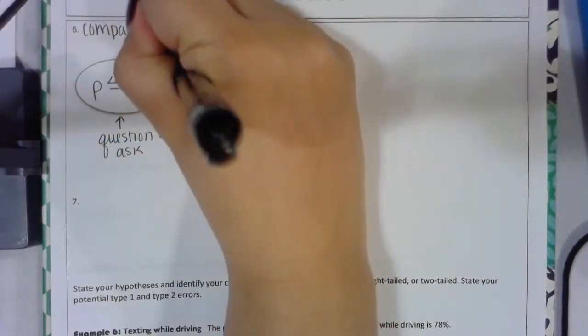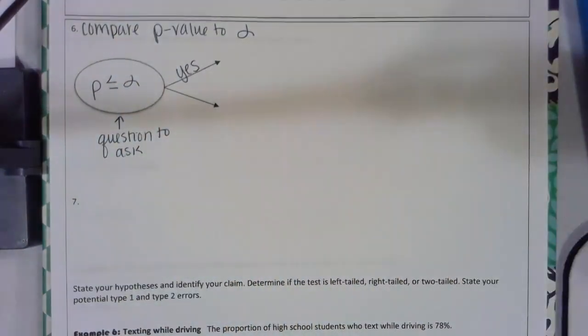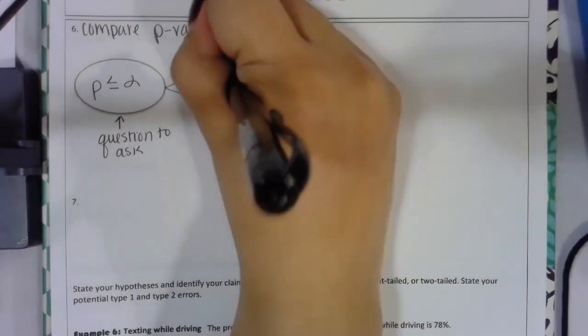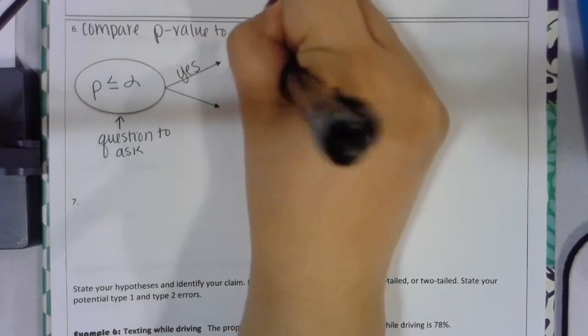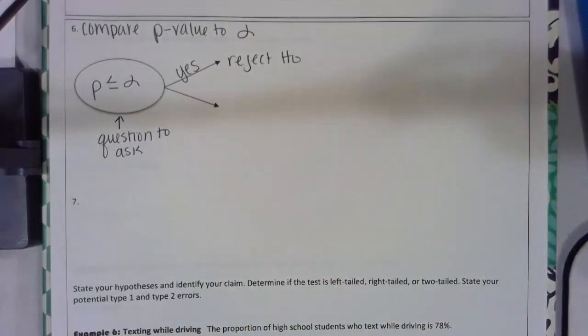Now this can go two ways. This is a yes or no. If your answer is yes, if your p is smaller than your significance level, then you need to reject your null hypothesis. The probability that that null hypothesis was true was too small to take a risk on it, so we're just going to reject it.